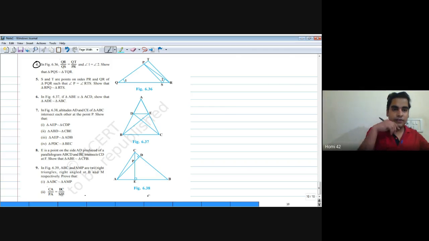Which two triangles are okay? Triangle PQS and TQR. Yes, if you see the base of PQS and TQR, then yes, QS is a part of QR only. So yes, the bases are same only, but you cannot say that they are equal. QS is a part of QR, but this QS is not equal to QR. Is that clear, Shanavas? So never write that these are equal.